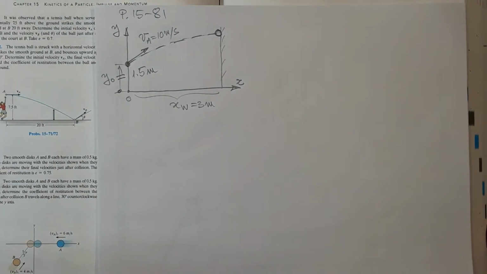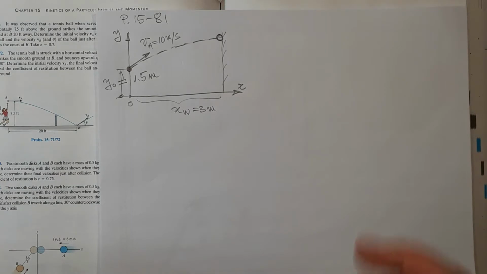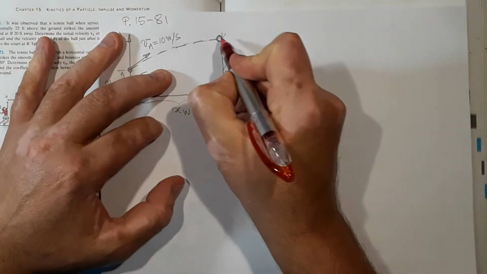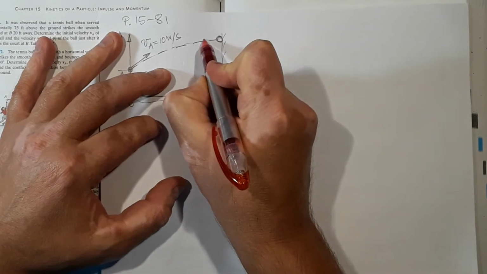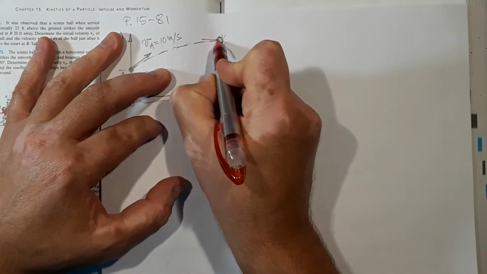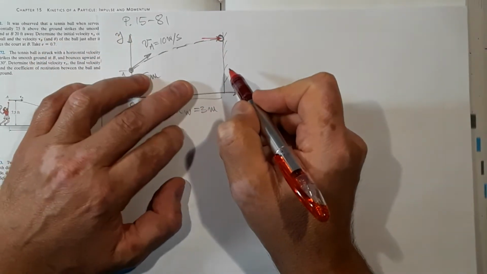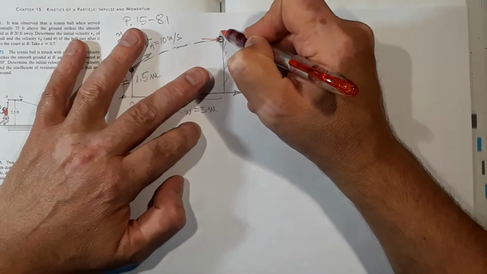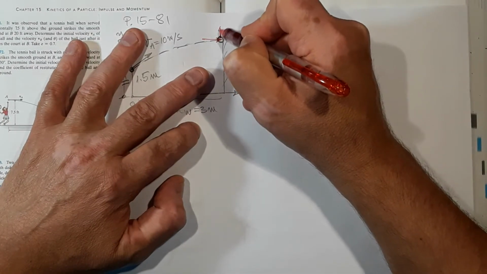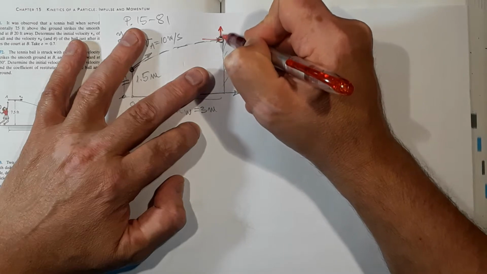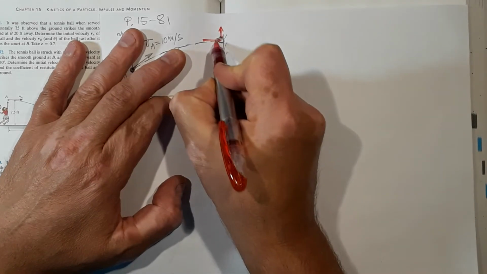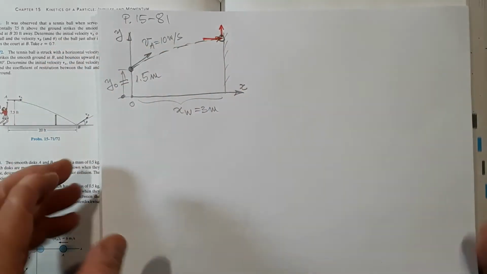So the problem has three parts. We need to find the components of the velocity right before it strikes or impacts the wall. Then we need to find the rebound velocity.